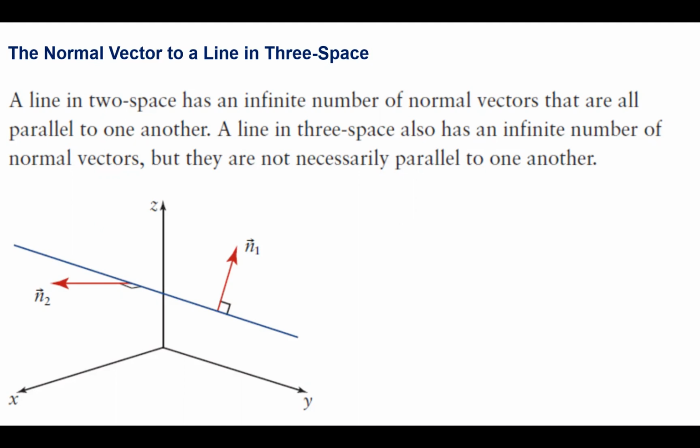For example, in this diagram shown here below, we can draw two normal vectors to the line highlighted in blue, right? Apparently, these two vectors, n1 and n2, are not necessarily parallel to each other in three-dimensional space.